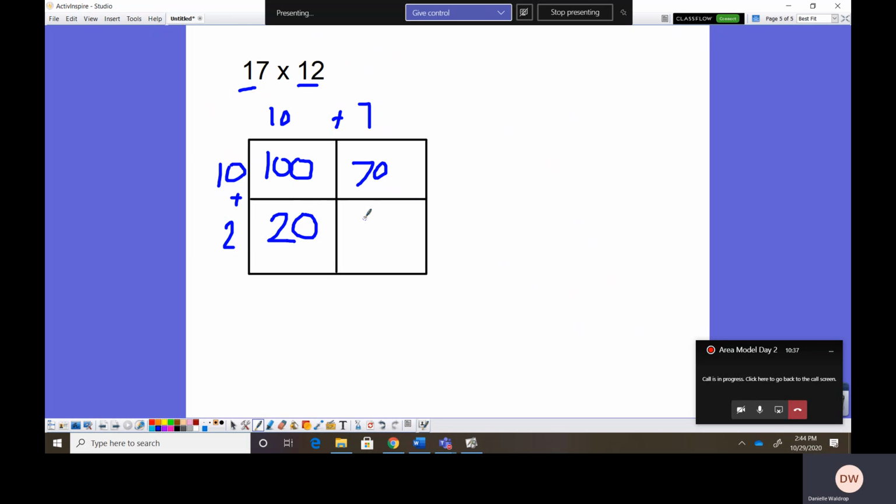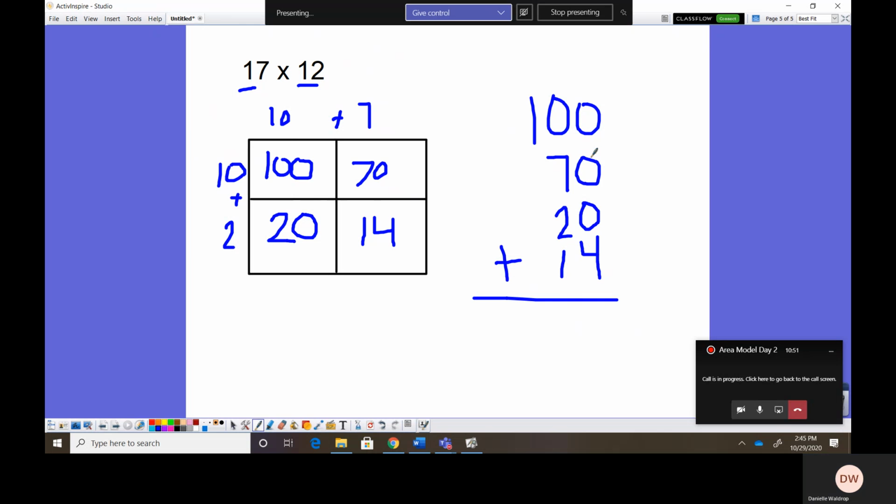And 7 times 2 you should have 14. Those should have been your partial products. When you stacked and added, 100 plus 70 plus 20 plus 14, you should have gotten a product of 204.